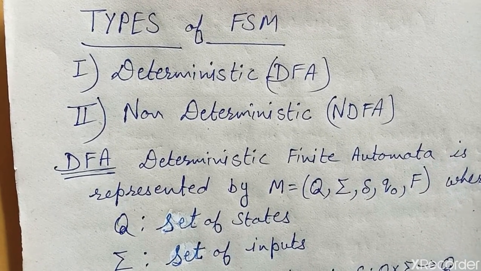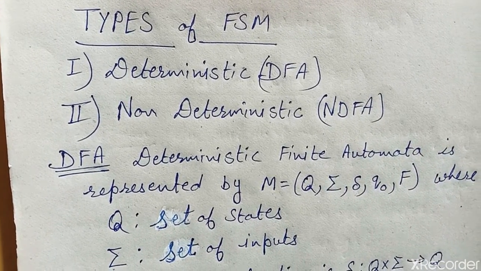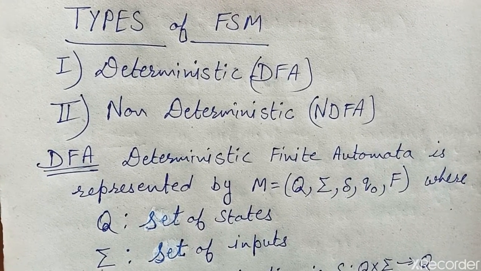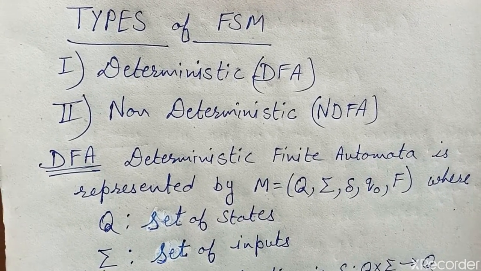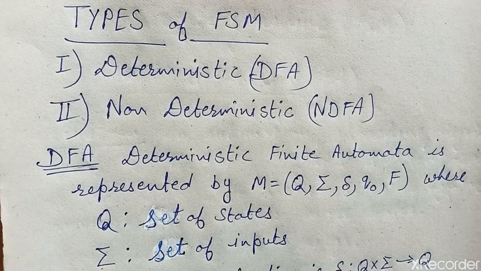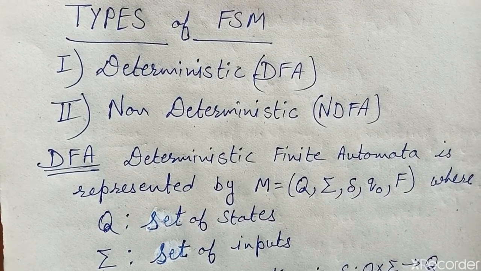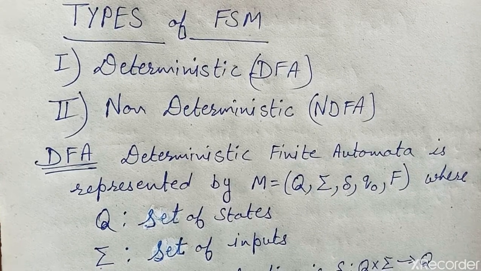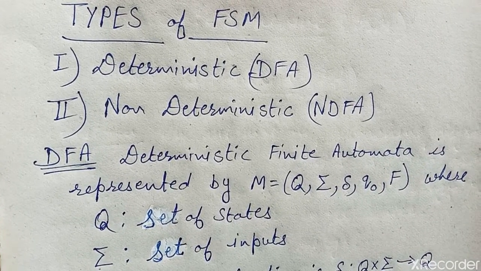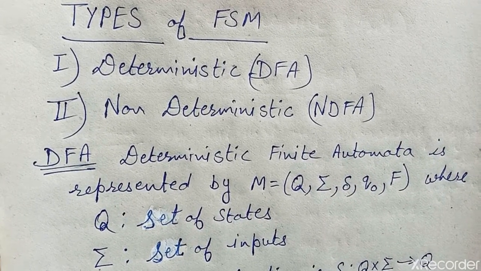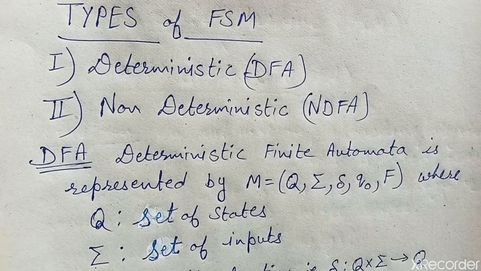So if state transition diagram is given, then we can construct its state transition table, and if state transition table is given, then we can draw the state transition diagram. This all we have already studied in previous video lecture.